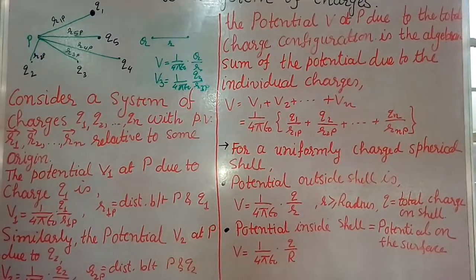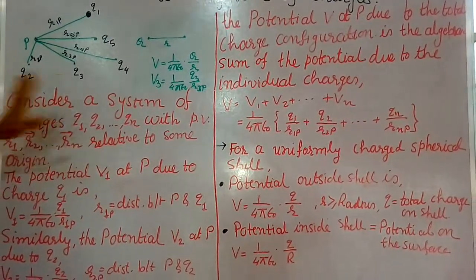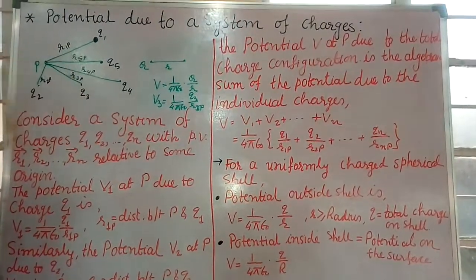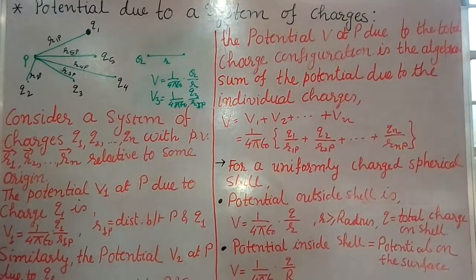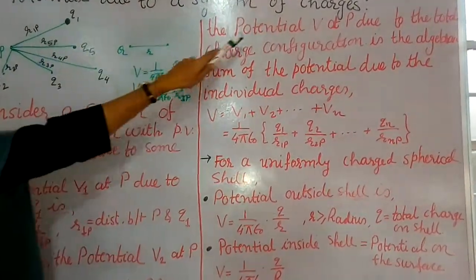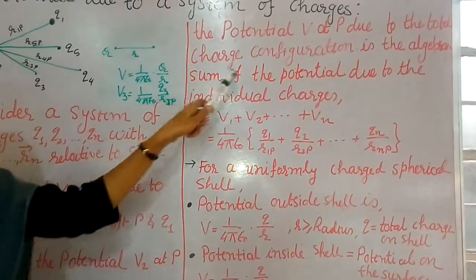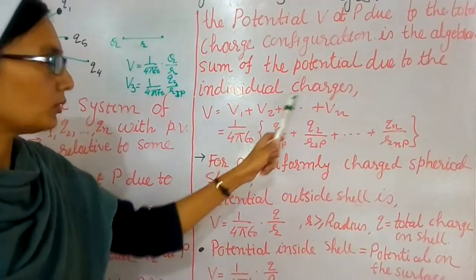What we have to do is take the algebraic sum. Algebraic sum means you will consider the sign: if it is positive, you take it positive, and if it is negative, you take it negative. By the superposition principle, the potential V at P due to the total charge configuration is the algebraic sum of the potentials due to the individual charges.